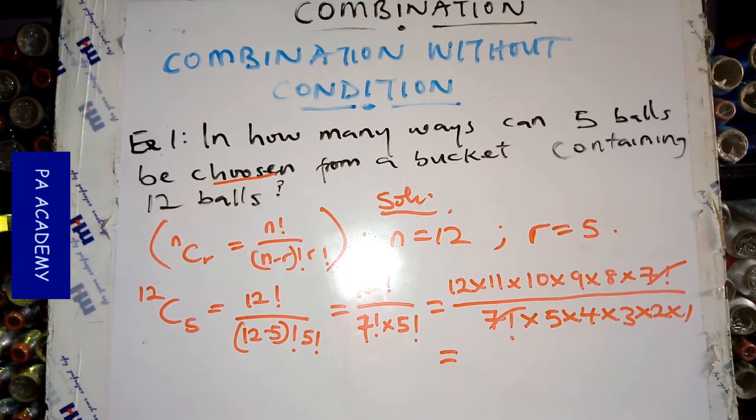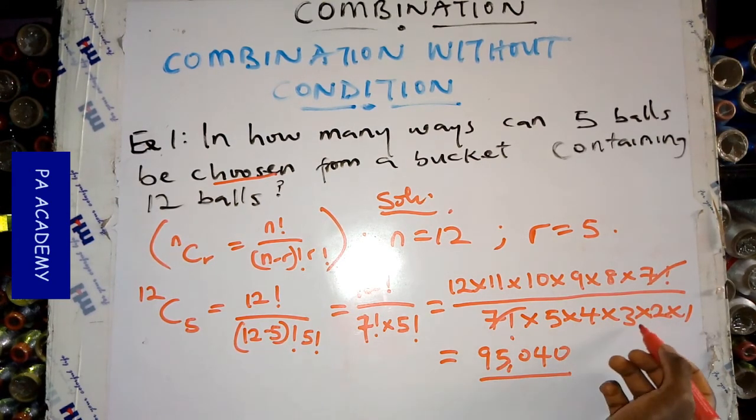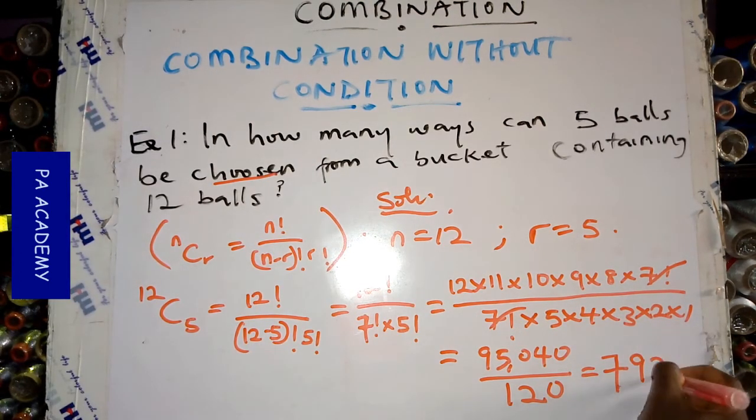That's 95,040 over 5 times 4 times 3 times 2 times 1, that should give us 120. Now let's divide 95,040 by 120, and that will give us 792.